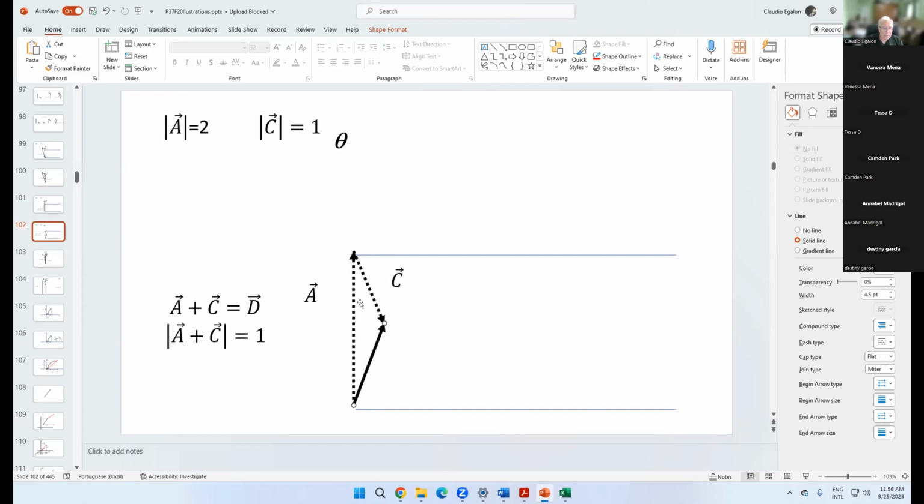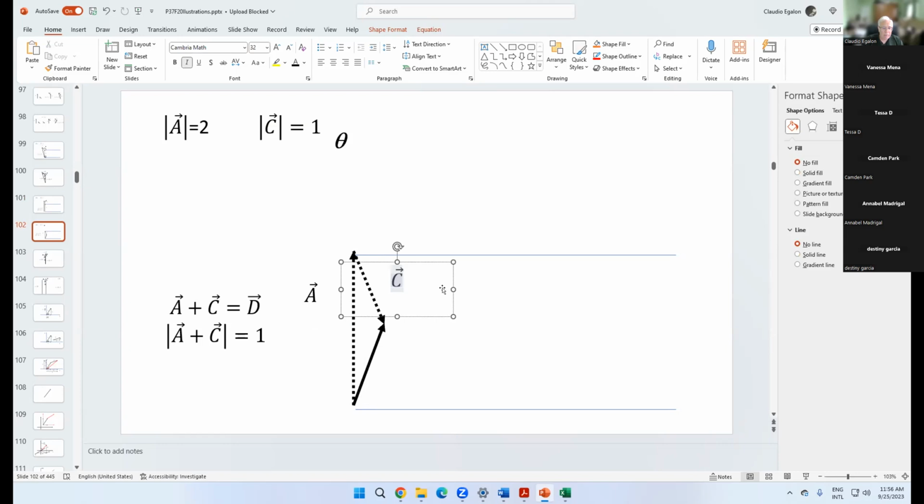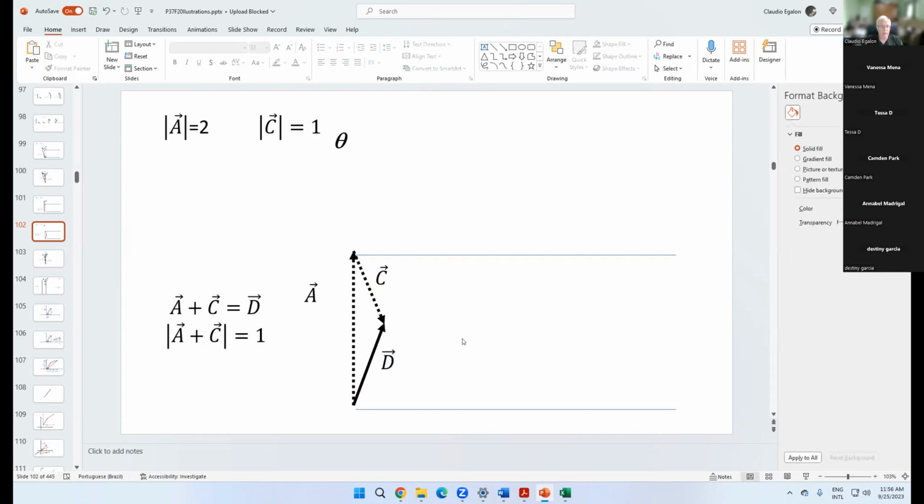Consequently, this angle here, which is opposite to the resulting vector d, must be equal to 0, right?